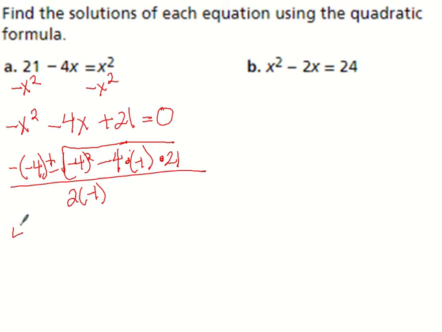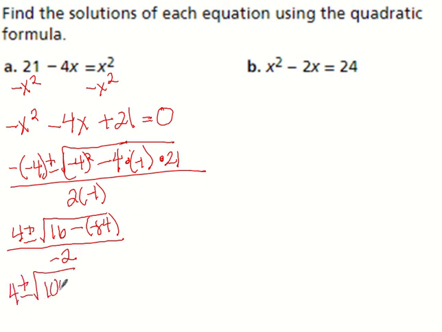So this becomes 4 plus or minus the square root of 16 minus 4 times -1 is -4, and then -4 times 21 would get me -84. And then we're going to divide all of that by -2. So if I do 16 minus the negative 84, I get 100. So 4 plus or minus the square root of 100 divided by -2.